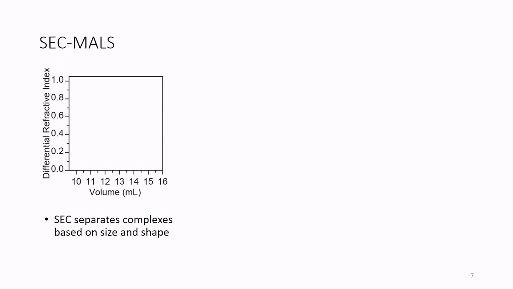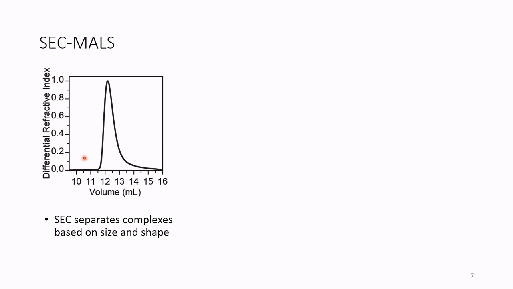What is the principle of SEC-MALS? Let's dive into a little bit of detail of how these systems actually work. The first thing is SEC, or size exclusion chromatography. This component separates our proteins or mixtures based on size and shape. Here, for example, you can see a chromatogram of a very nice pure protein.